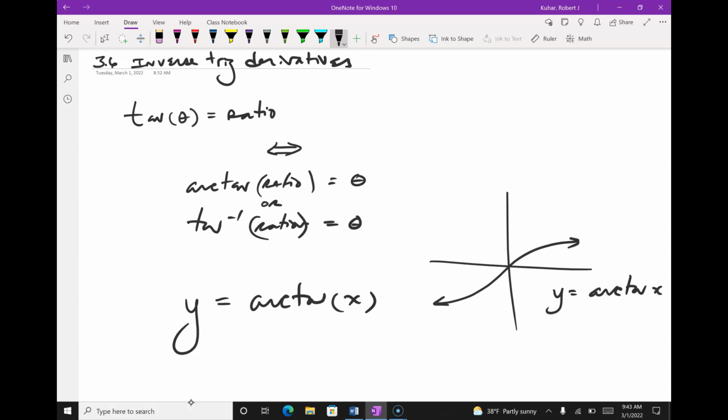Is there a horizontal tangent anywhere? Is there any top of a hill you can see clearly? No. Bottom of a valley that you see clearly? No. So I already know my derivative will not equal 0.